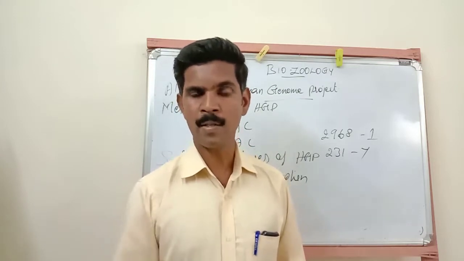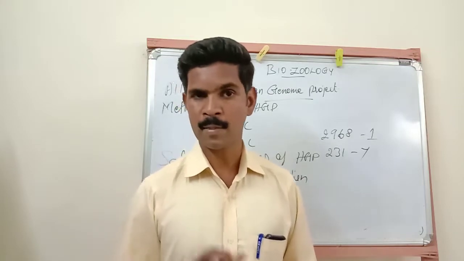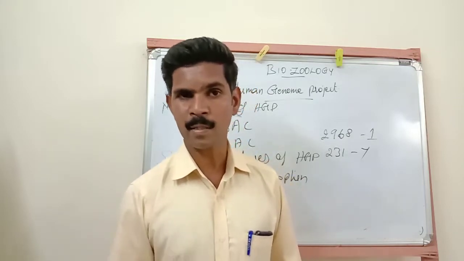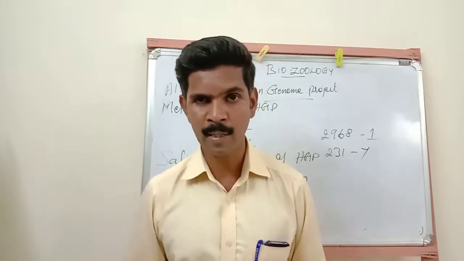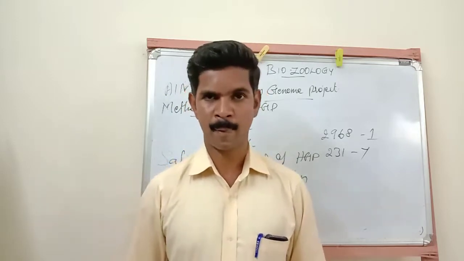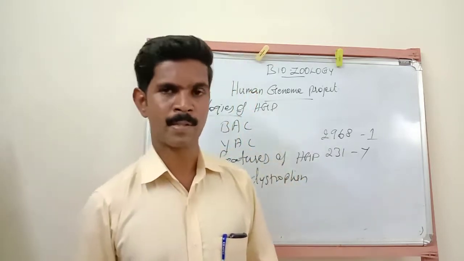It is called single nucleotide polymorphism, which is used to identify the locations of the chromosomes responsible for diseases. My dear students, I hope you understood this question and answer.